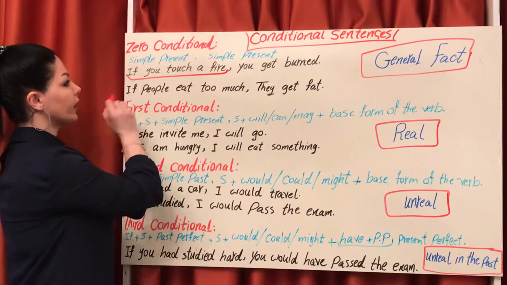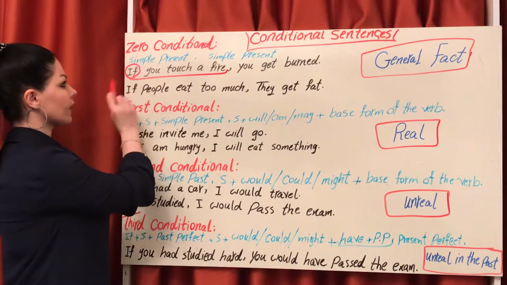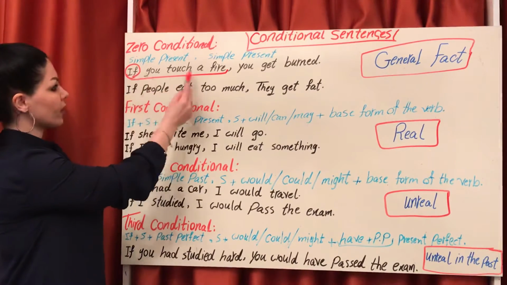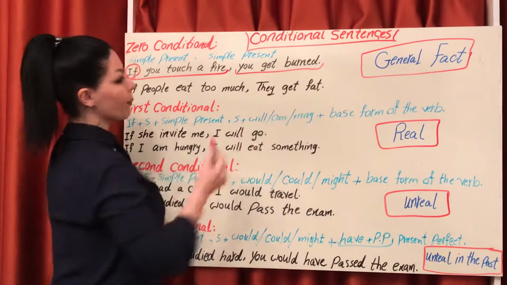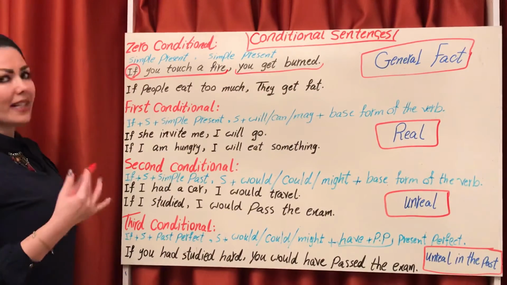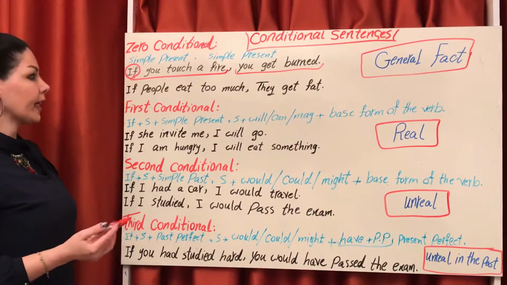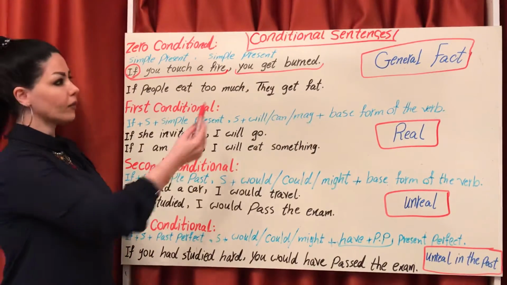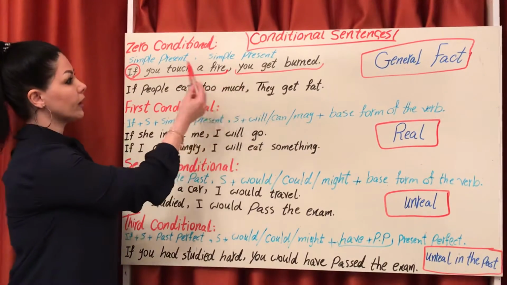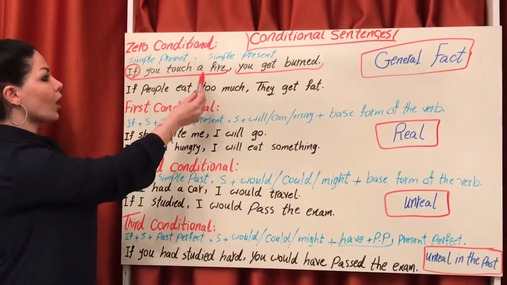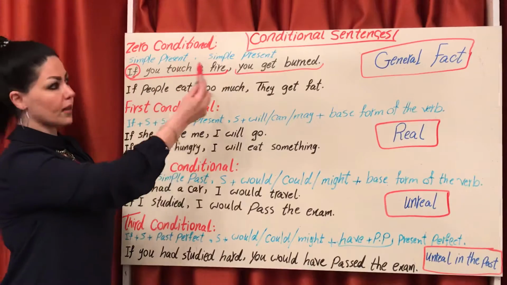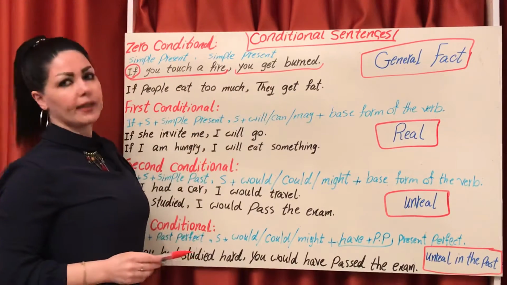Part 1, the if clause, where we have if, and part 2, the main clause, or result clause. So we have two parts in all conditional sentences. Part 1 if clause, part 2 main clause.